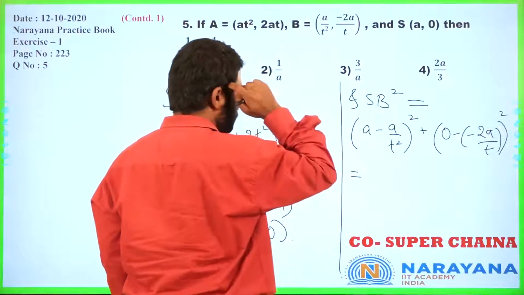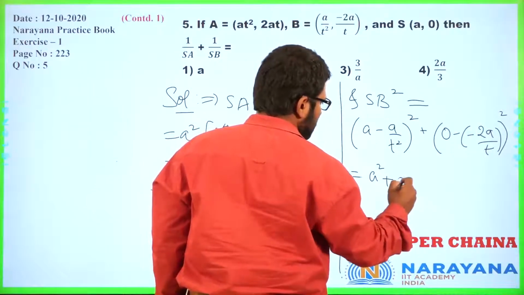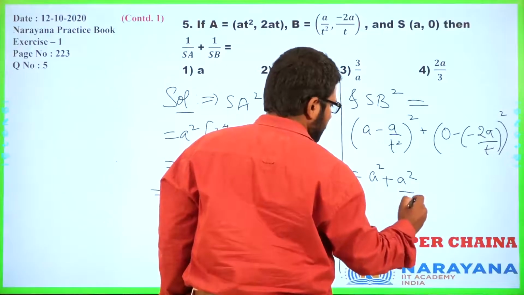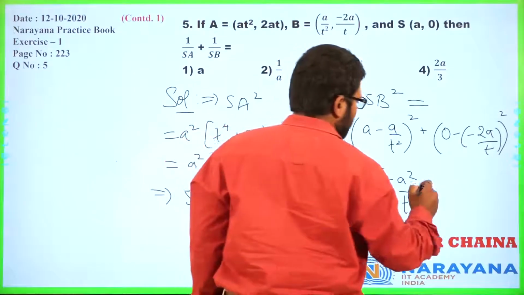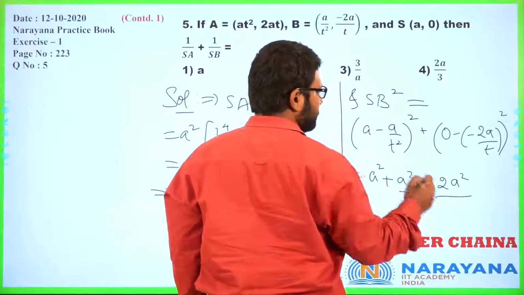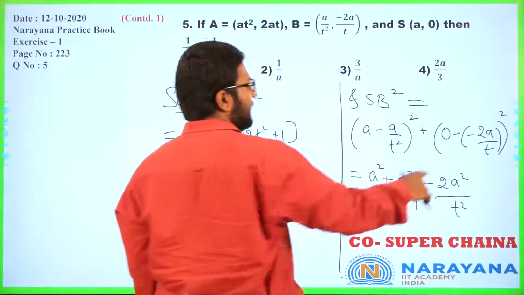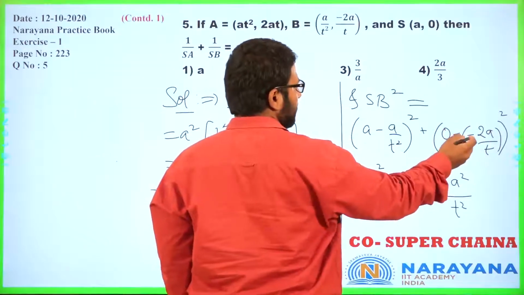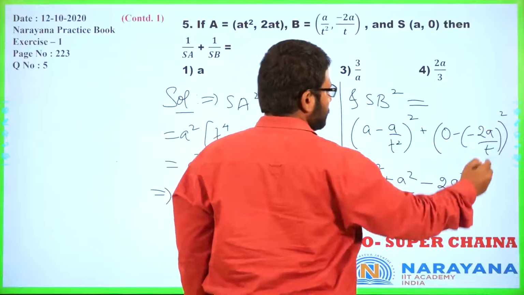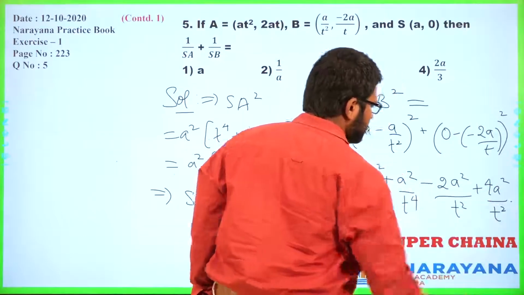Right? So expand this now. a square plus a square by t to the power 4 minus 2a square by t square, right? Minus 2ab. And then this becomes what? This is a plus, and anyway there is a square here. So plus 4a square by t square.